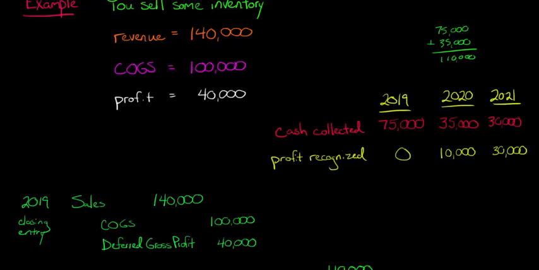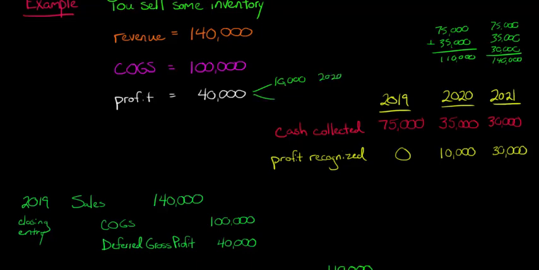Now we collect an additional $30,000. So we've collected $75,000, $35,000, and now $30,000. So we collected a whole $140,000. We can definitely recognize some of that gross profit that we deferred, but we're not going to recognize the whole $40,000 because we already recognized $10,000 of it in 2020.